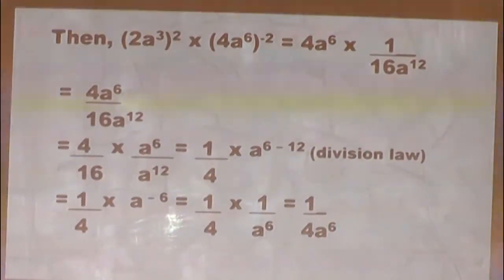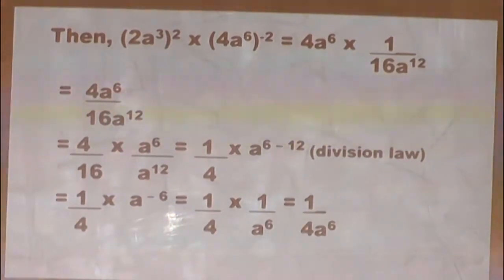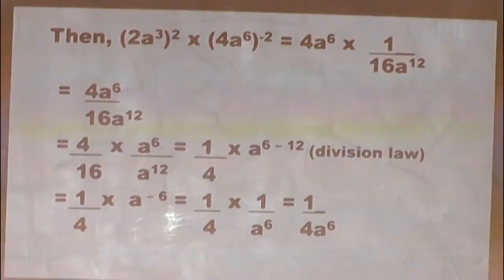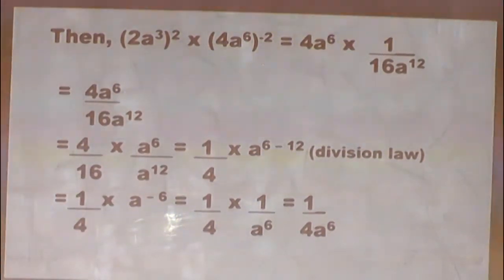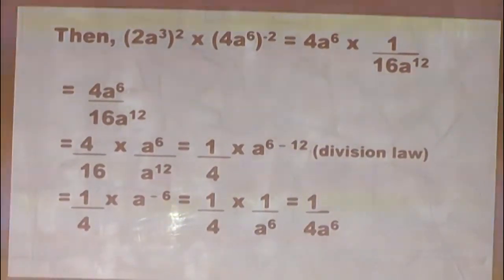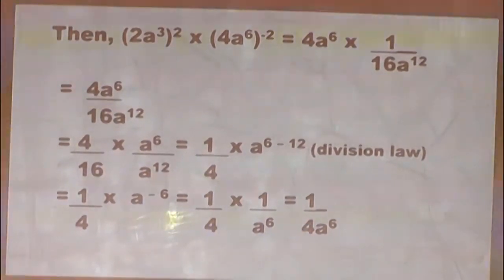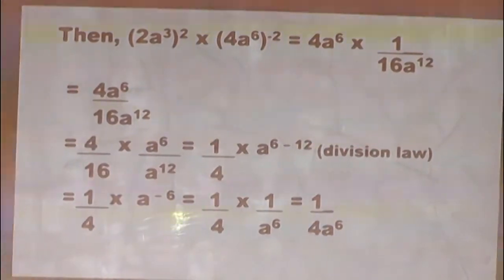And this question given to us as 2a raised to the power of 3 open and close bracket all raised to the power of 2 times open bracket 4a raised to the power of 6 close bracket all raised to the power of minus 2 is a long expression for 1 all over 4a raised to the power of 6.